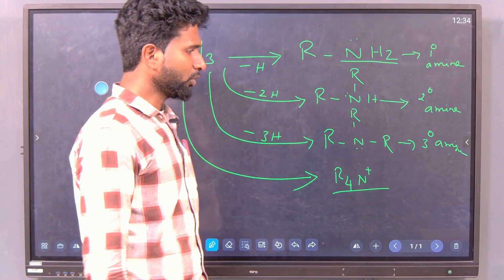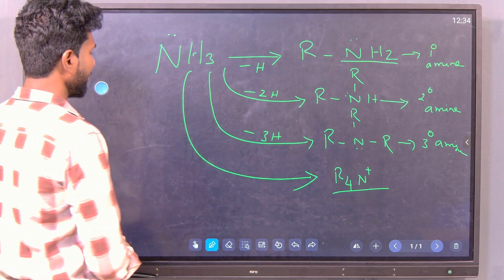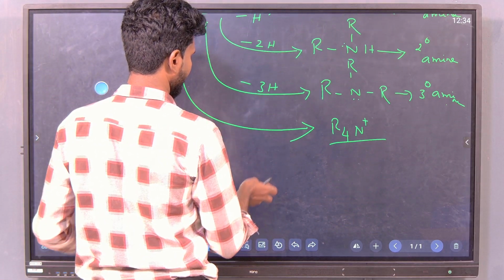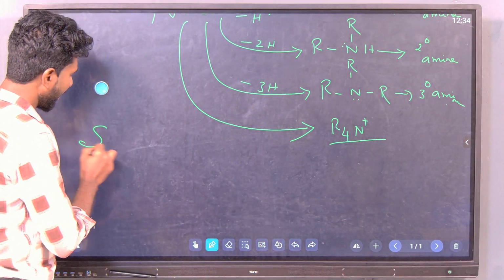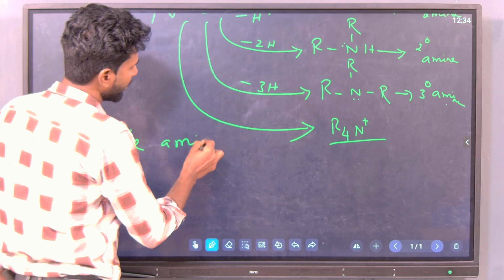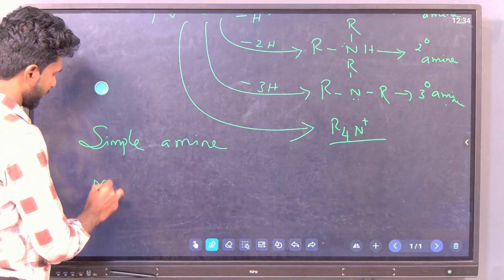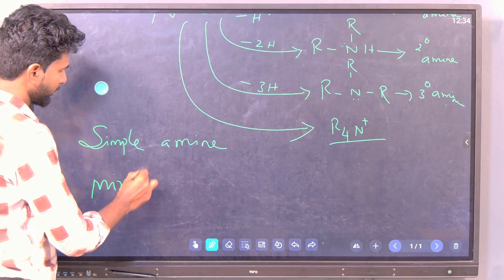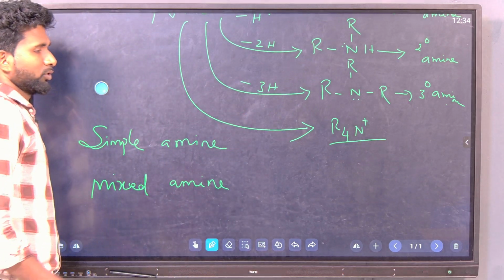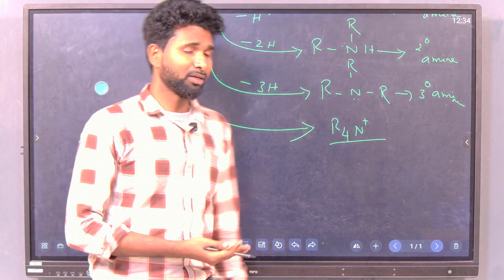Further, aliphatic amines are classified into two types, simple and mixed. We can explain this using the secondary amine.